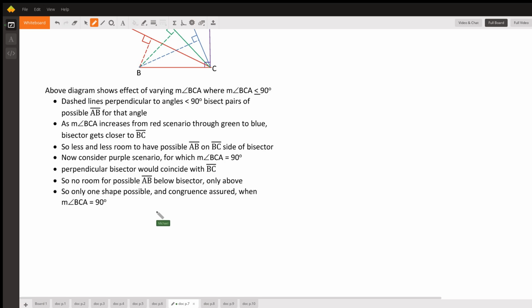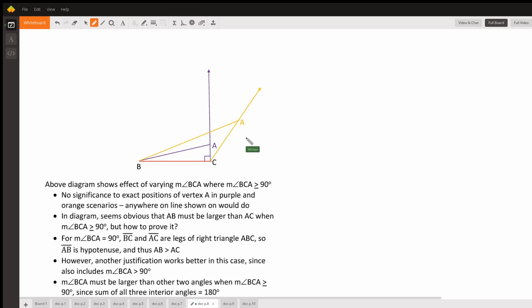Now, what if it's more than 90 degrees? Here, in the purple scenario where it's 90 degrees, vertex A could be anywhere along here, but there's only one possible triangle for any length of this.